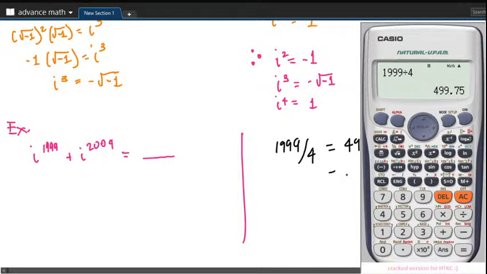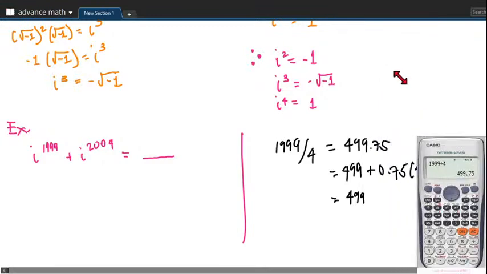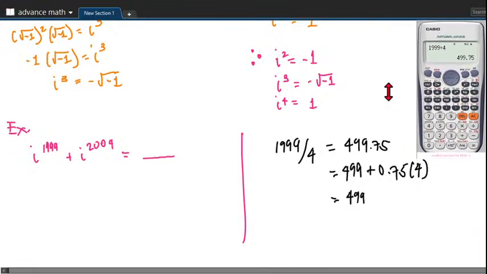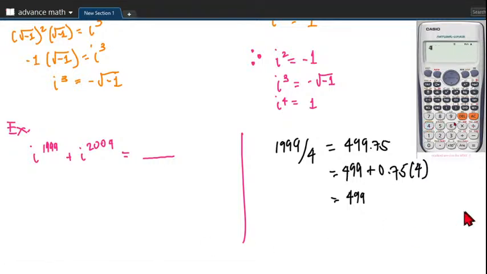So we have 499 plus 0.75 times 4. So 0.75 times 4 is equal to 3.